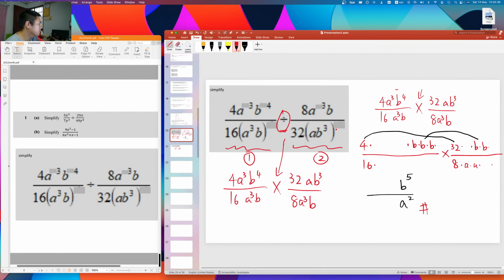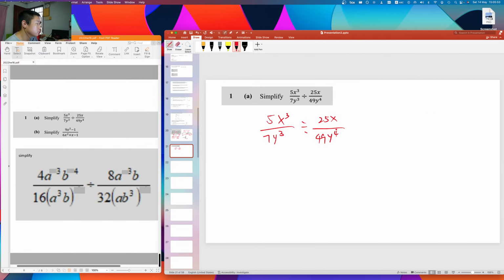If you see an opportunity to cancel, cancel. Cancel means use an eraser, erase it. And if you can use the calculator, please use the calculator. So follow every single step. And if you are done, just let me know.